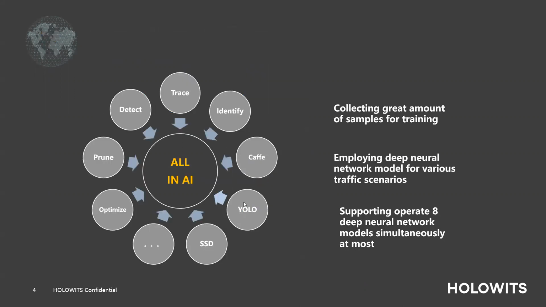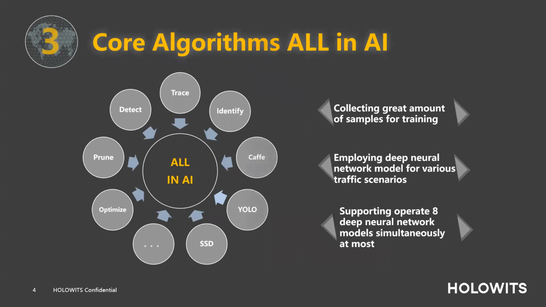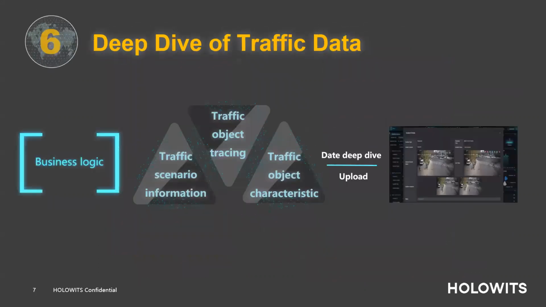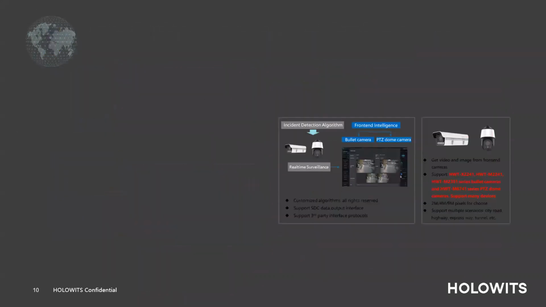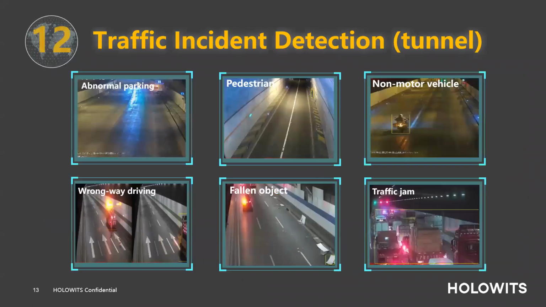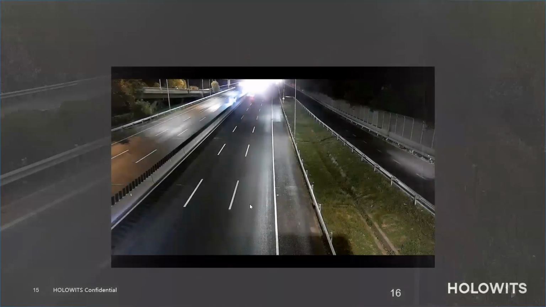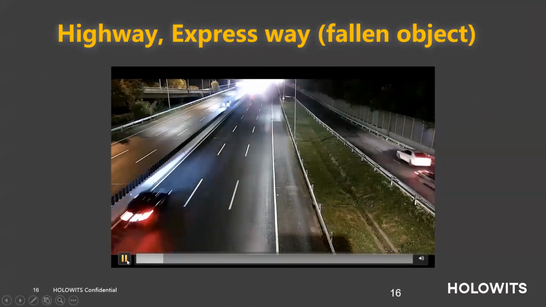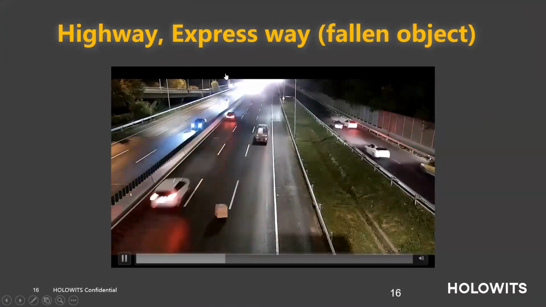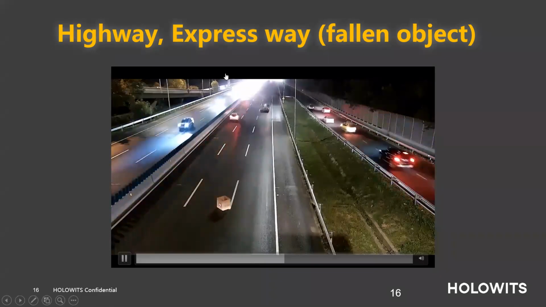This is how we use these capabilities to support all-in AI. I will just show some videos of our algorithms. As you can see here, this is a fallen object.